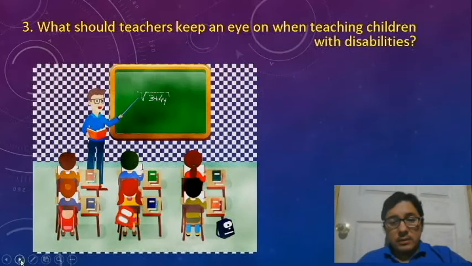Okay, let's move on to the next slide. Question number 3. What should teachers keep an eye on when teaching children with disabilities? As future teachers, we must keep an eye on them.